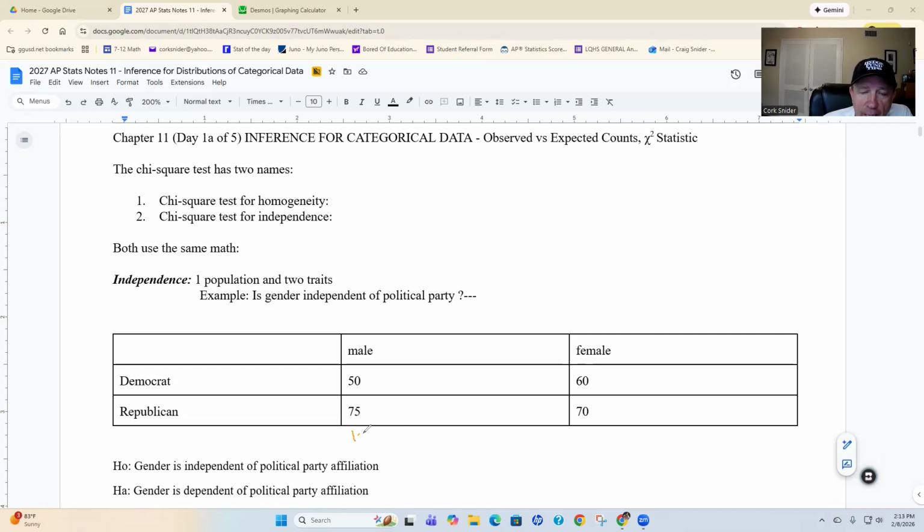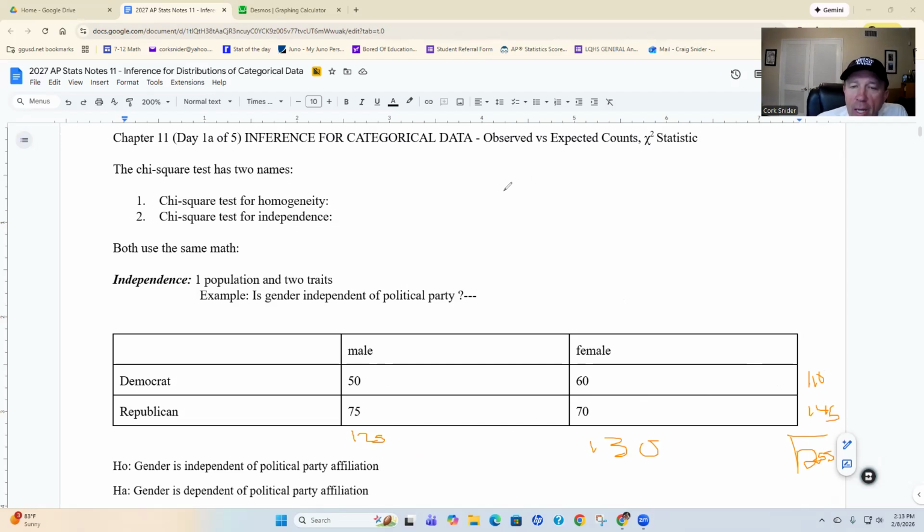You have to get the table totals: 125, 130, 110, 145, and the total, as you can calculate, is 255.